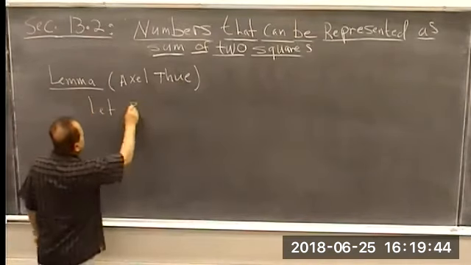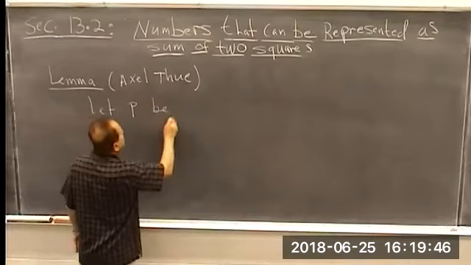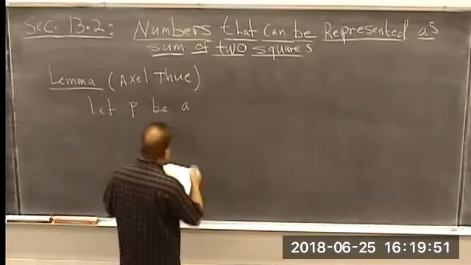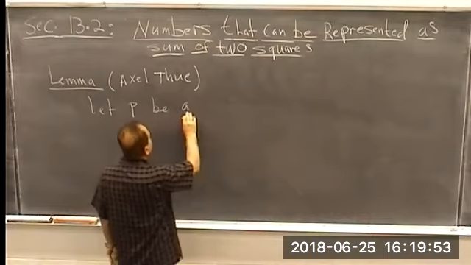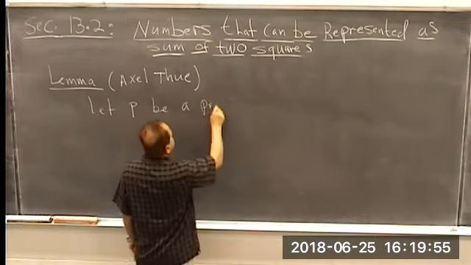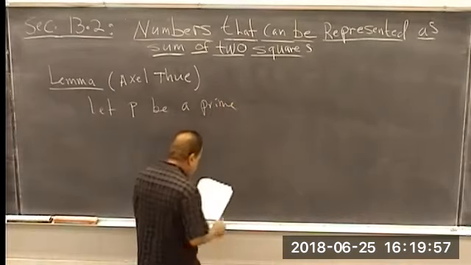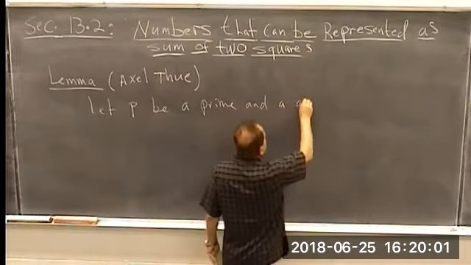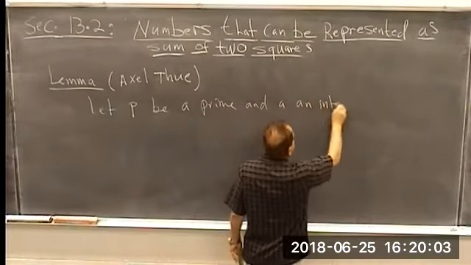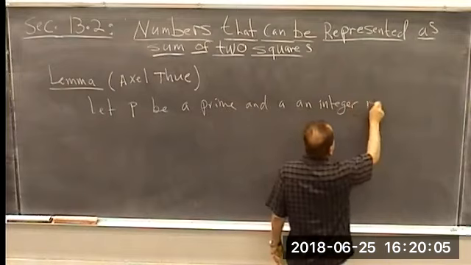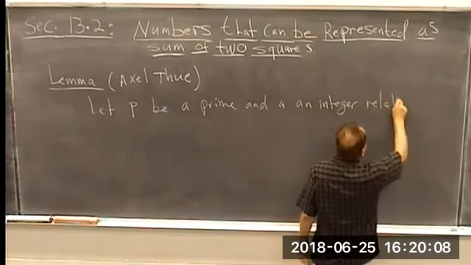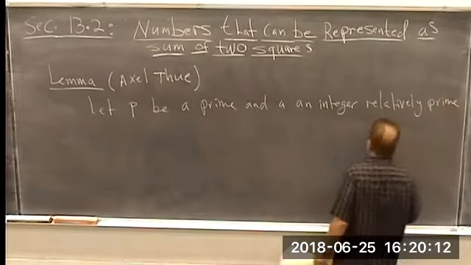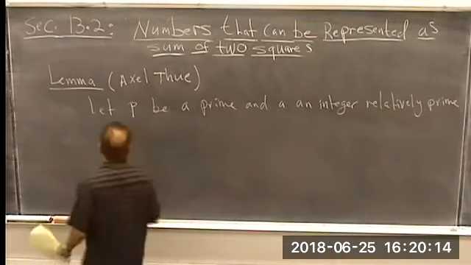Let p be a prime, any prime, we could think of it as an odd prime, and a an integer relatively prime to p.